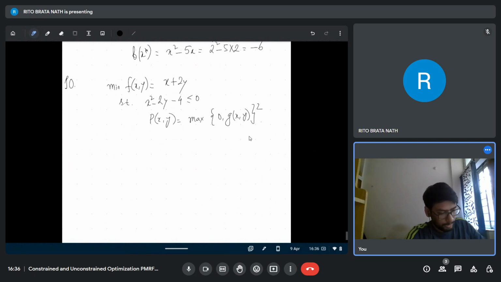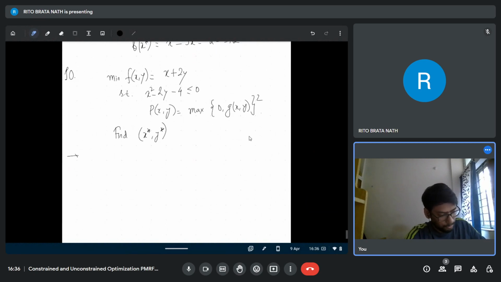So let me quickly find them. The approach here is to first write down the expression. That's x plus 2y plus c_k max of 0 comma x squared minus 2y minus 4.